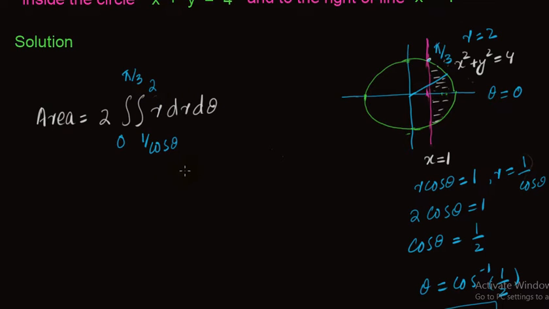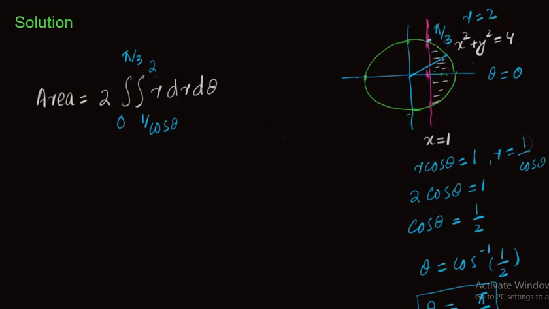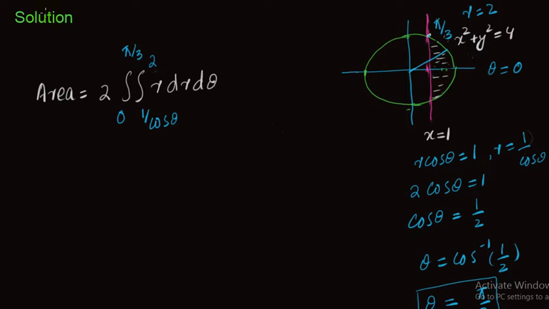Now we have set the integral to find the area. Now we solve this integral to find the area of this region. This integral is equal to 2 times definite integration from 0 to pi by 3.